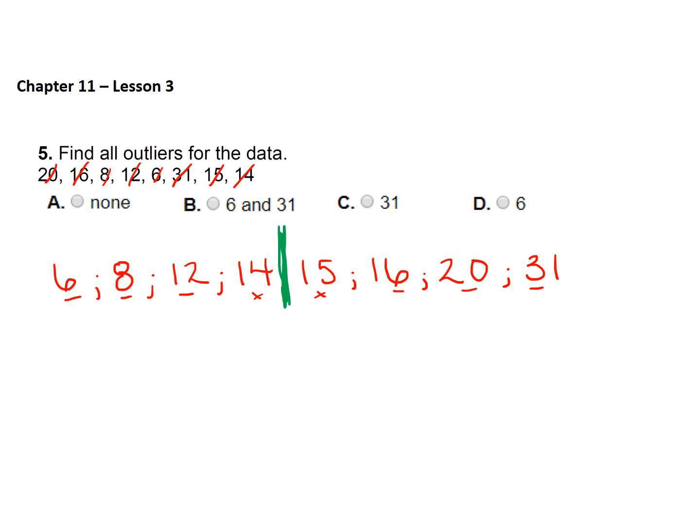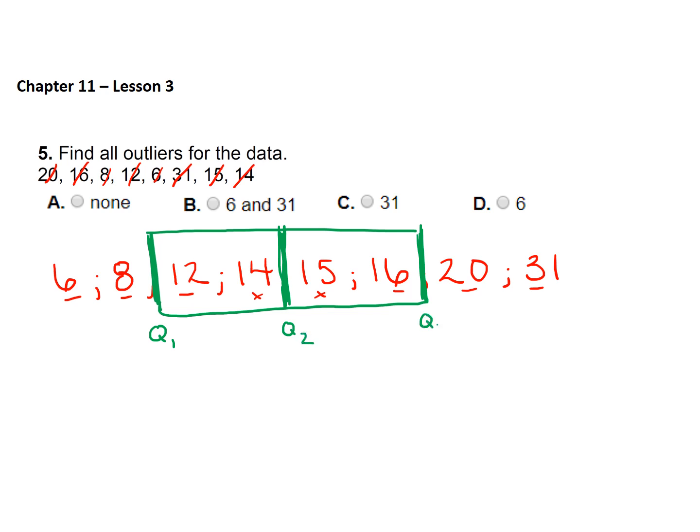Now we're going to find the middle of the lower half and the middle of the upper half. We're going to make this into a box plot, kind of, sort of. All right. Now this would be quartile 1, quartile 2, quartile 3.